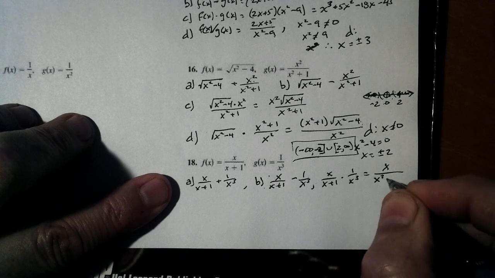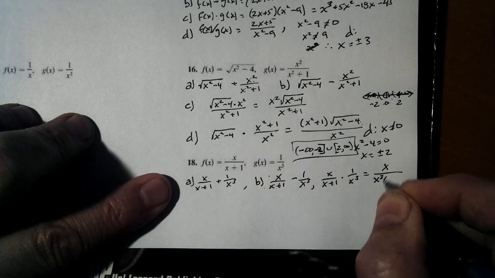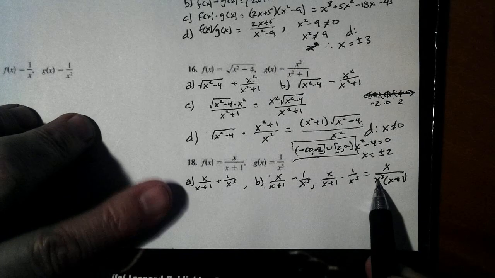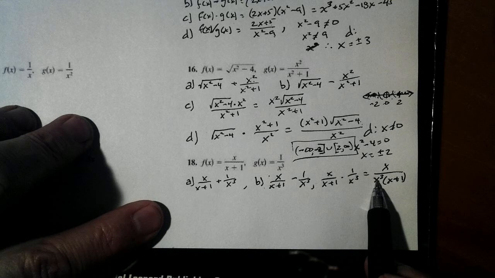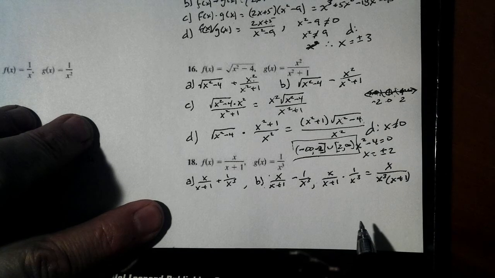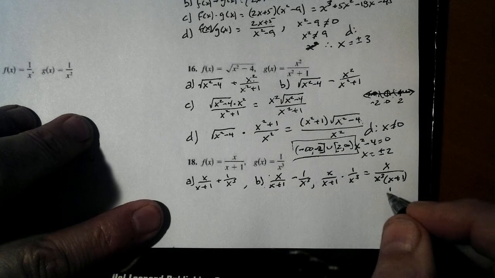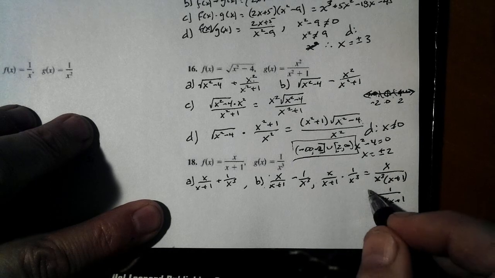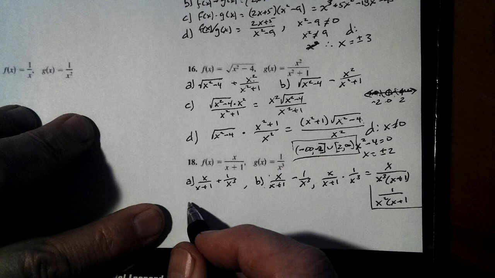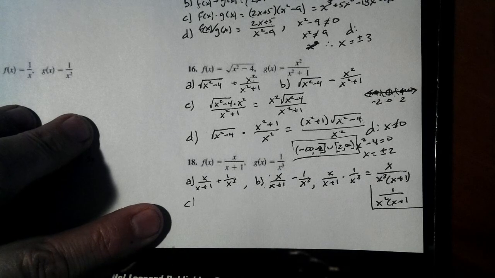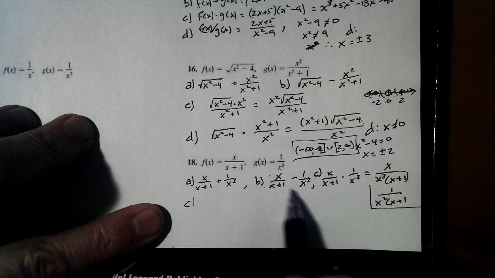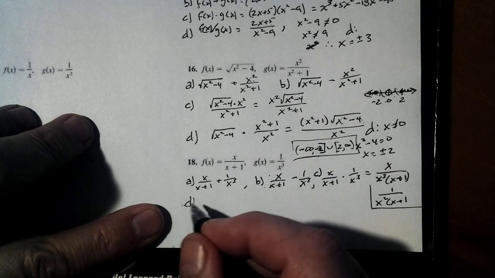If I leave this x cubed times x plus 1, can I cancel this x with one of these x's? Yes, I can. So this ends up becoming 1 on x squared times x plus 1. Oh wait, that was C. Excuse me. B's right here. That's good.